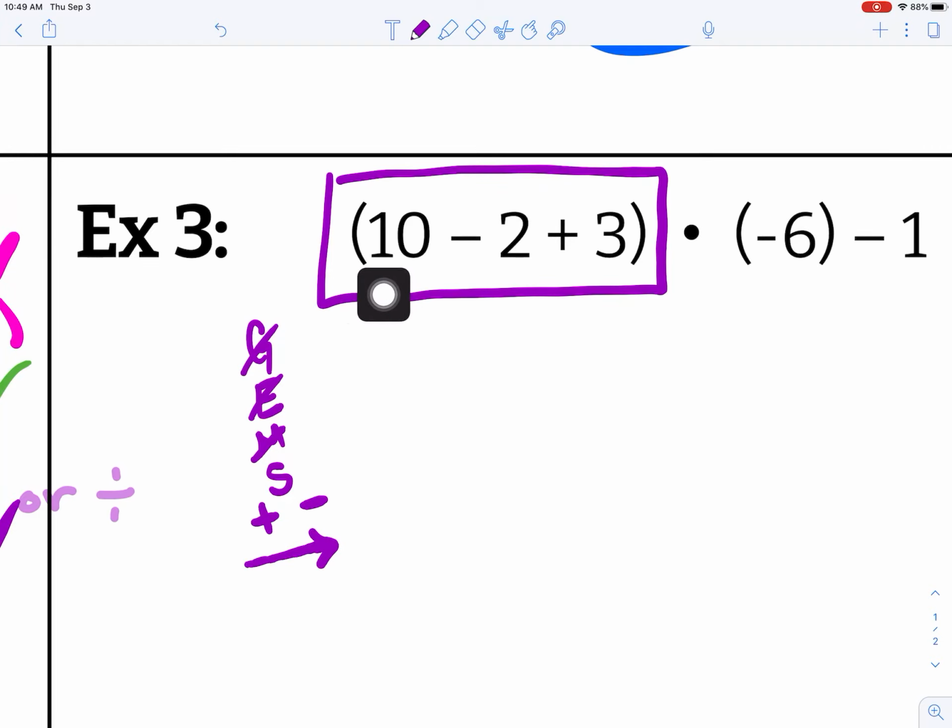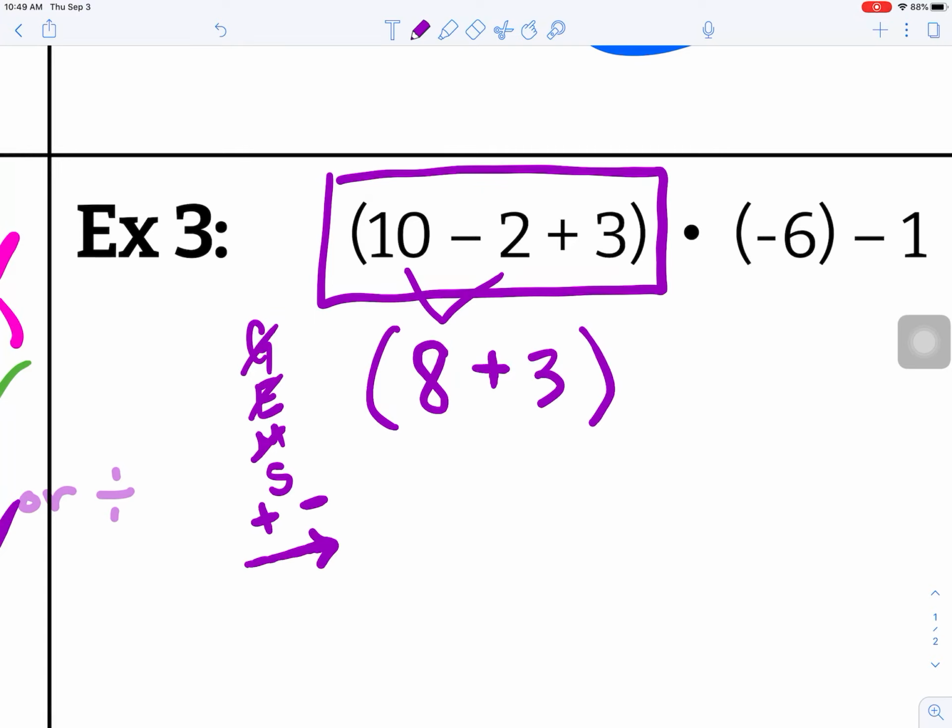So I'm essentially going to read this like English, and I need to do the very first math command that I see. And the very first thing that I see is 10 minus 2. So 10 minus 2 is 8. Then I can finish up the math inside here. 8 plus 3 is 11.